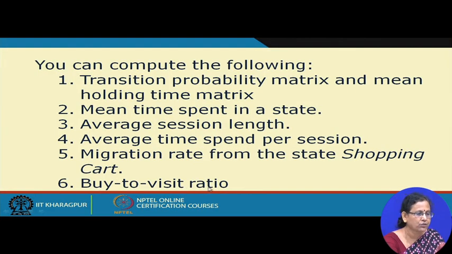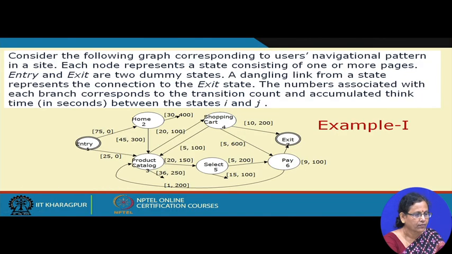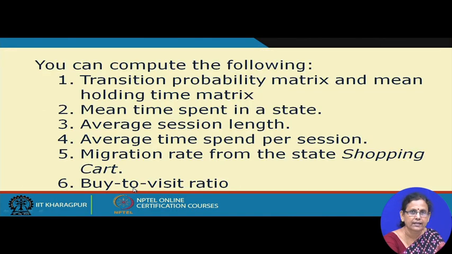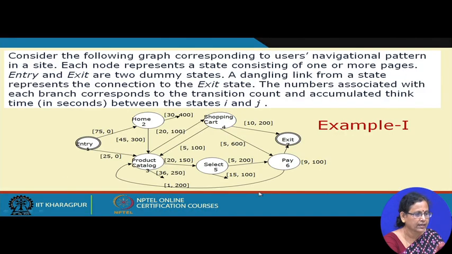What is your buy to visit ratio? So, how many people came to the site, and out of that how many people actually come to the payment state. This is your payment state, where finally people have made payments, which means they have made the purchase.